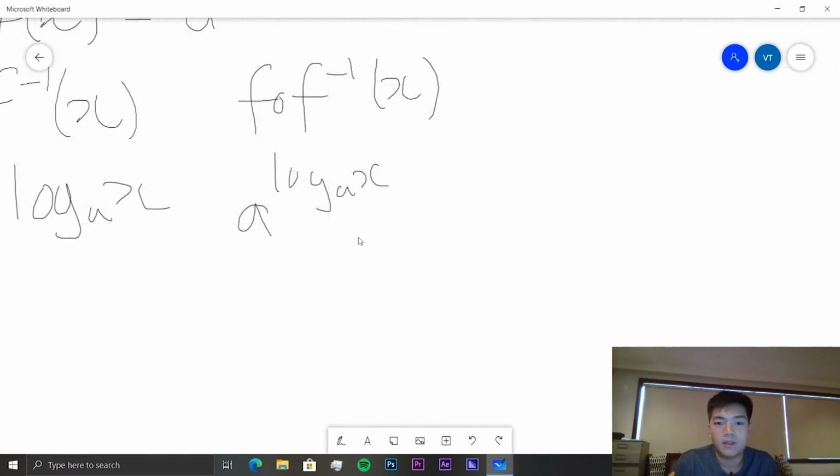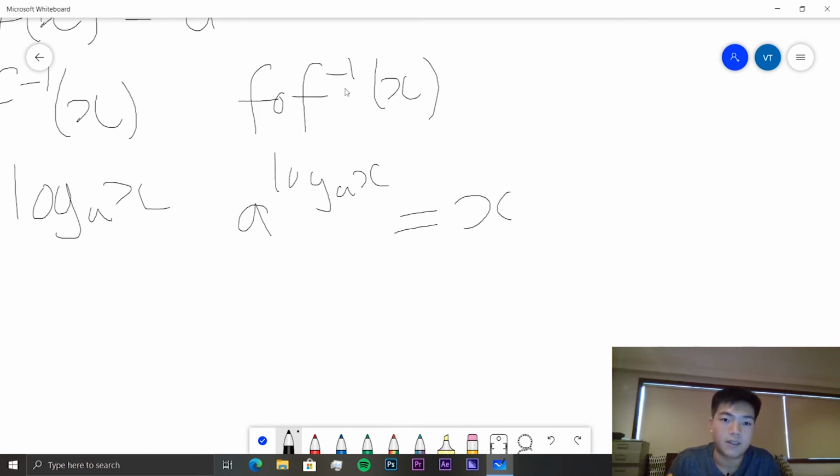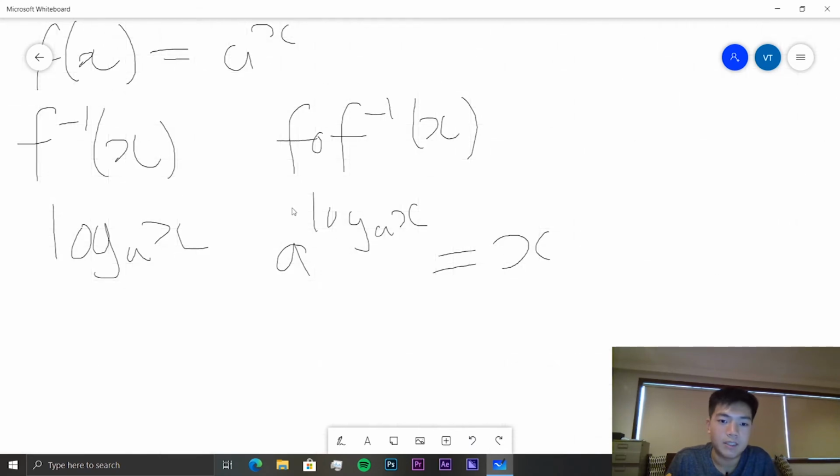And the thing is, this is actually equal to x, since if we get the inverse of a function and we compound it with the original function, we should get the number back. So therefore, a^(log_a x) is equal to x. So that's something important that you want to know.